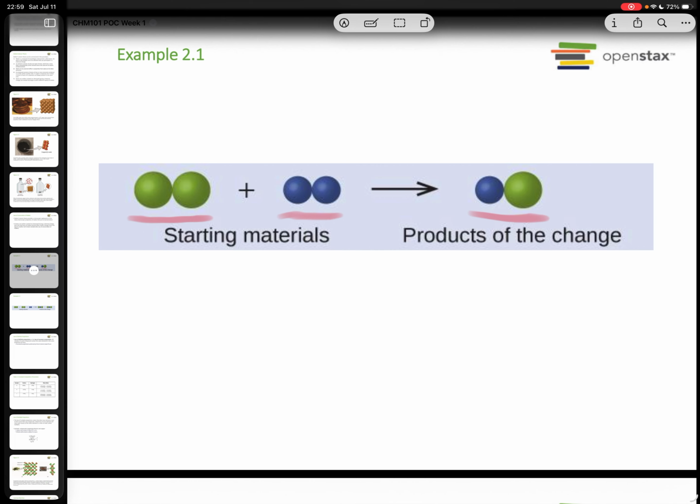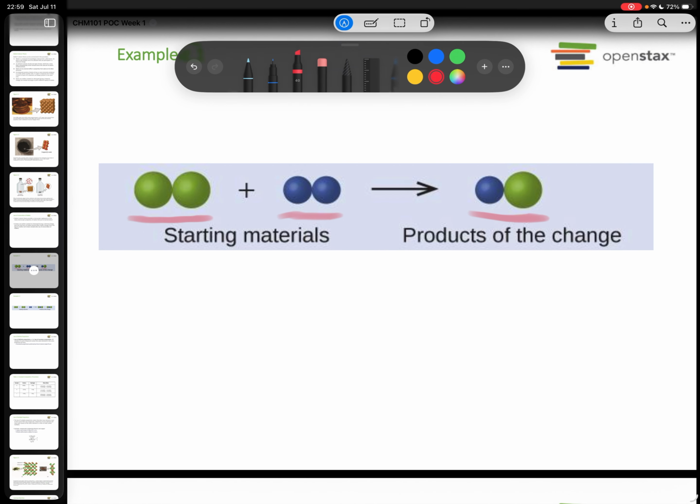So, count the atoms carefully. So, we started with 1, 2 green atoms. Okay? So, 2 green atoms and ito, ilan to? 1, 2 blue atoms. But the product shows only ilan yung blue, 1, ilan yung green, 1 lang.